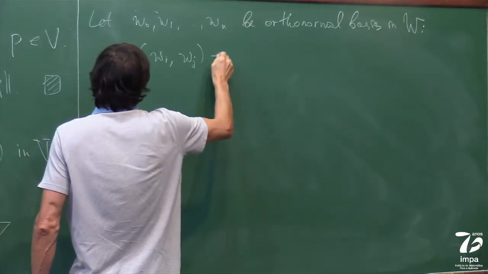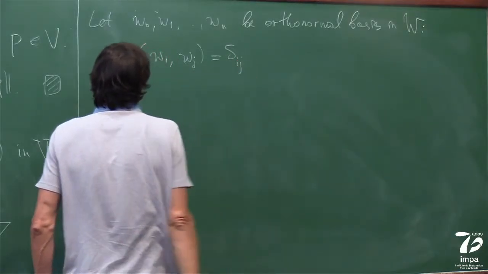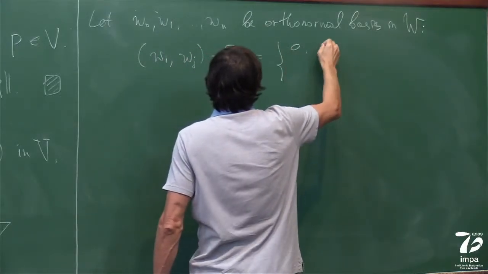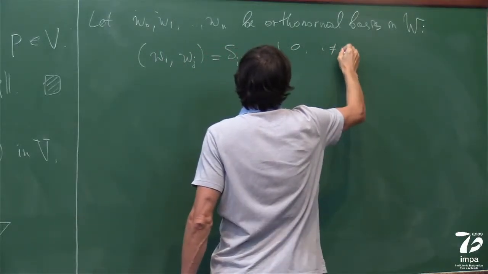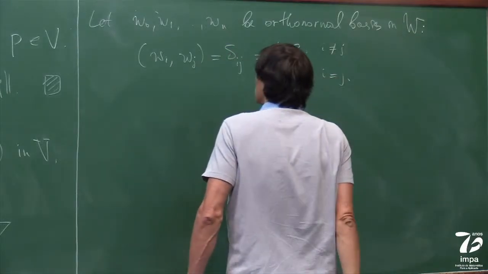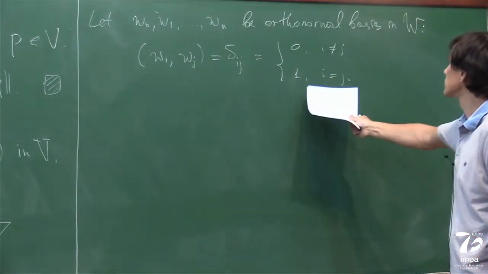So the scalar product is 0 when i and j are different, and it's 1 when they're the same. It's the Kronecker delta. So ortho means that they're 0, and normal means they're 1.